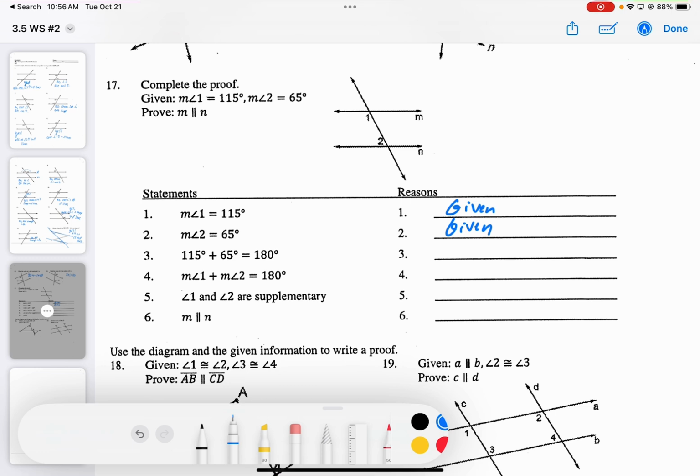I actually wouldn't use angle addition postulate there. Really, we're just adding two numbers together and showing that it equals 180 degrees. So, you know what? Angle addition postulate's fine. Those two angles added together. And then we replace the 115 and the 65 with the names of those angles. So I would say substitution.